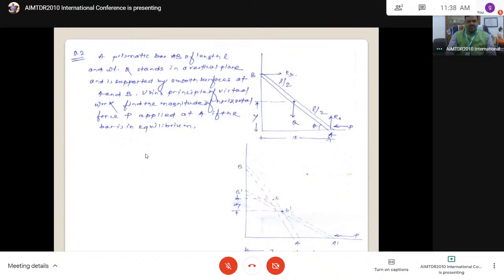Smooth means no friction, at point A and point B. Using the principle of virtual work, find the magnitude of the horizontal force P applied at A if the bar is in equilibrium.